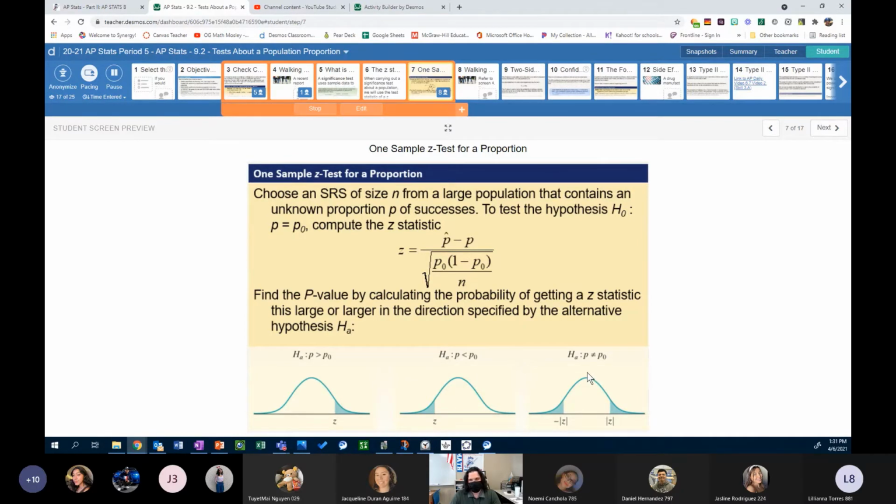For a two-sided alternative, we will check the z-score for the positive side and the negative side. Essentially, we'll use symmetry and find the area under the curve for one of these and just double it, either the left-hand side or the right-hand side. And that is how we can do that. So again, we'll need to check conditions, and we'll need the one sample z-test for a proportion.